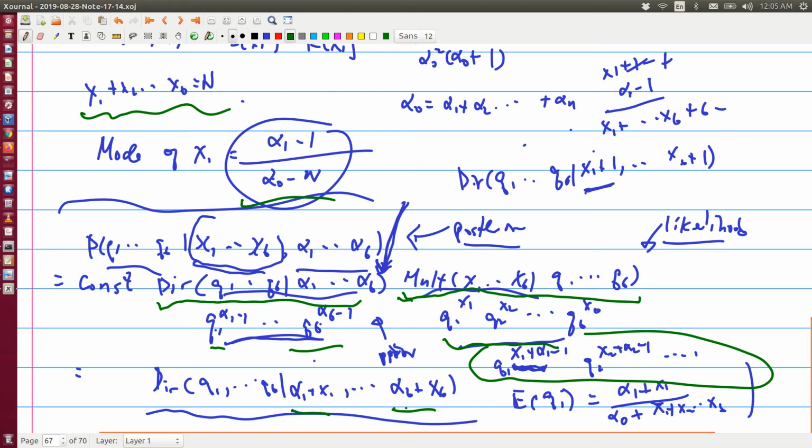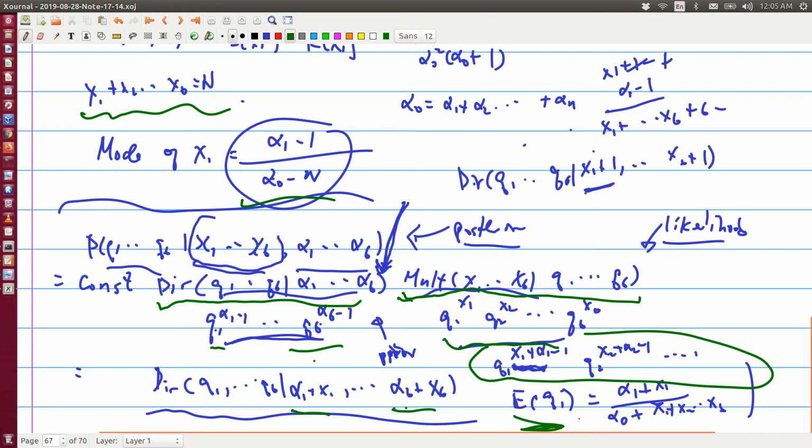Now, if we want to do a Bayesian estimation, then basically we want to take the mean of the posterior. For example, we want to see what's the probability that in the future we get a 1, or what is the fraction of 1s. So using Bayesian, we just take the expectation of q1 that we computed earlier for the Dirichlet.